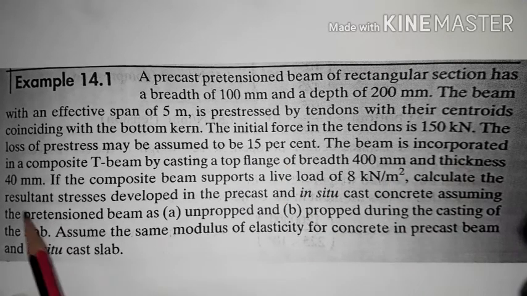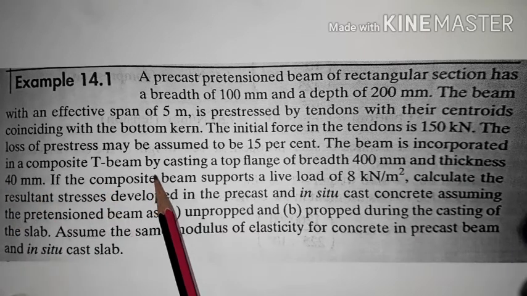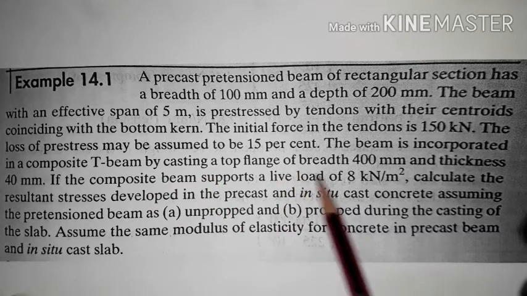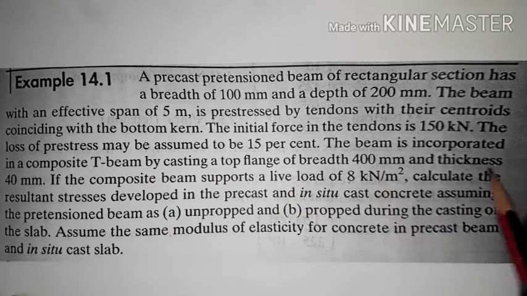The beam is incorporated in a composite T-beam by casting a top flange of breadth 400 mm and thickness 40 mm.